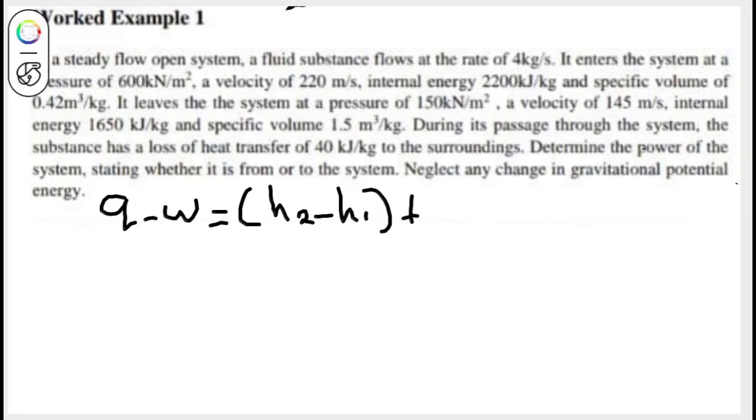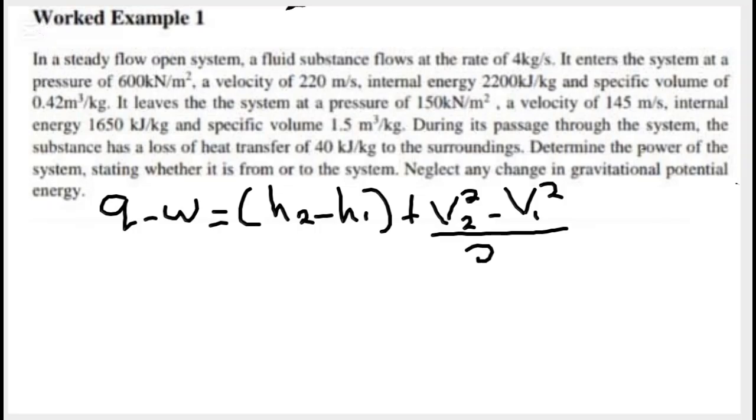But before then, we have the formula that we are going to use, Q minus W, which is the steady flow energy equation. So we are going to use the equation which says H2 minus H1, plus V2 squared minus V1 squared divided by 2.